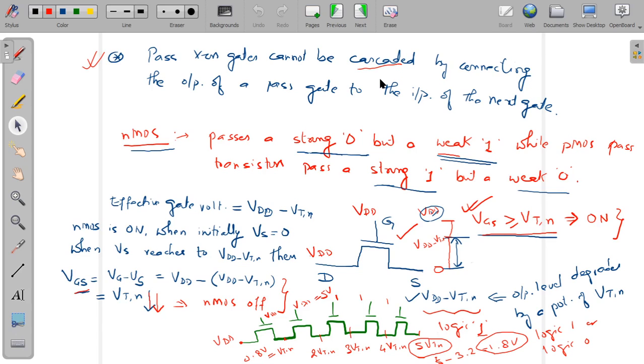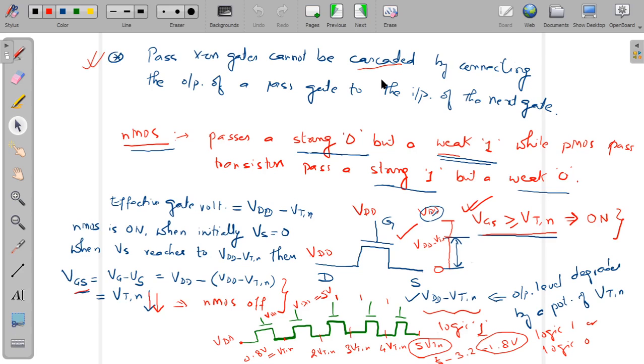And also I told that it can be overcome with the help of the next topic, that is transmission gate logic, but that may not be completely true. So take note of this point, that transmission gate is better as compared to pass transistor logic in terms of passing the input voltage to the output voltage.